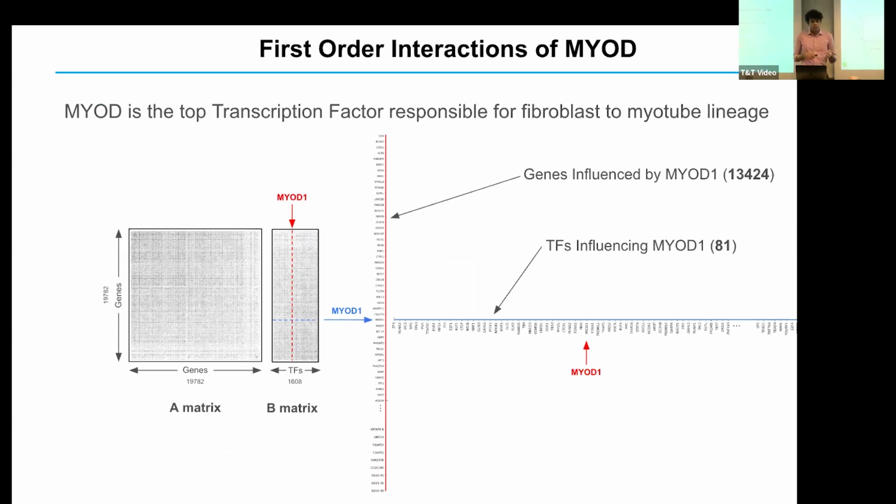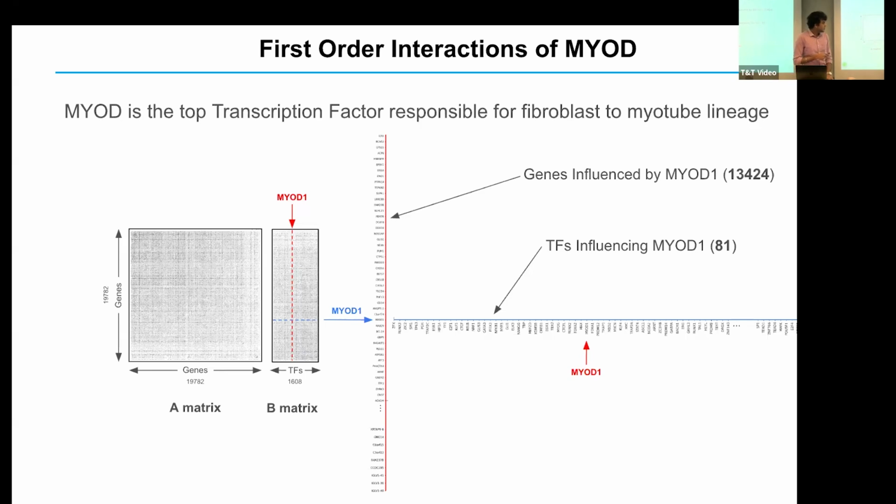And from this B matrix, we were interested in the original transcription factor that Harold Weintraub used to convert a fibroblast to a skeletal muscle, a transcription factor called MyoD. Now, MyoD is a sort of master regulator that regulates all the other transcription factors and genes responsible for this myogenic lineage, which is the conversion of fibroblast to myotube.